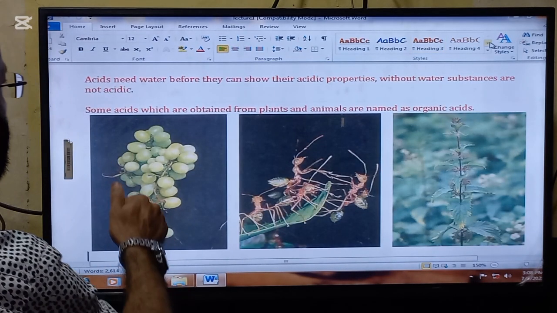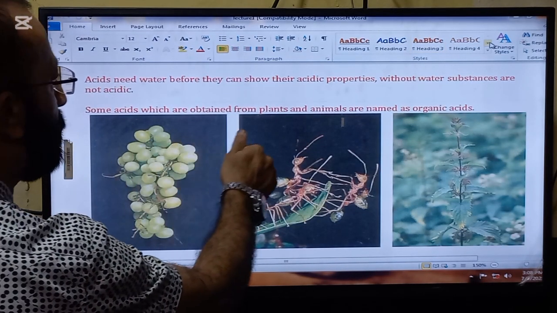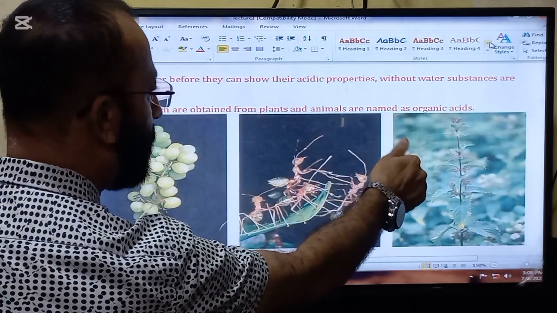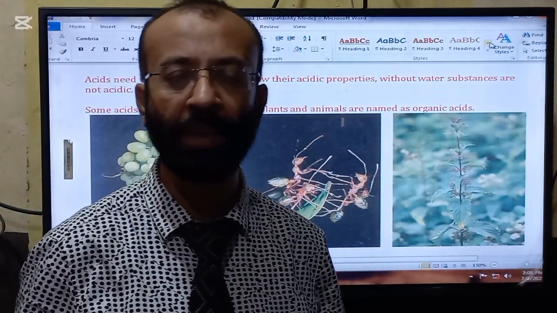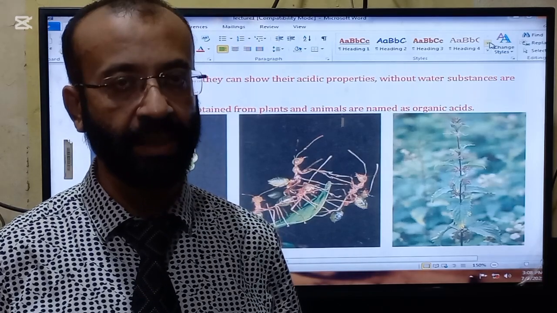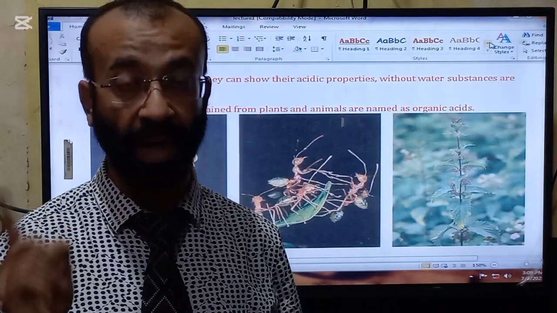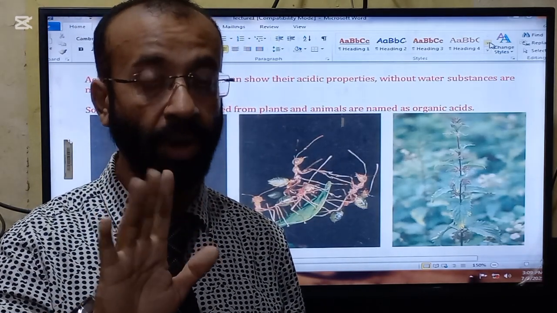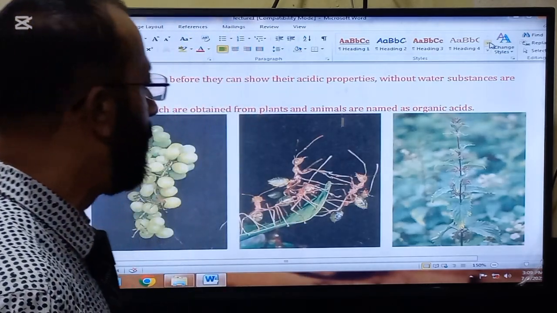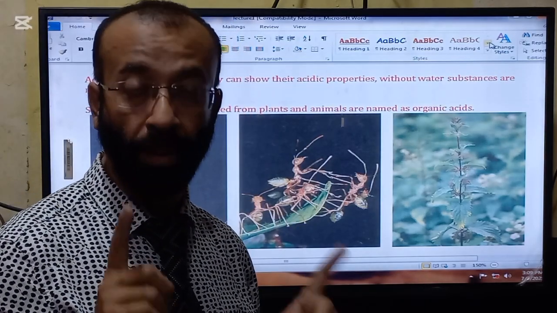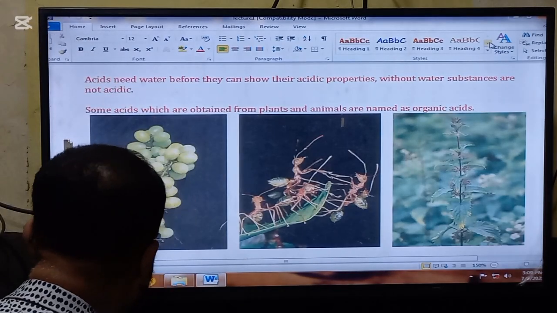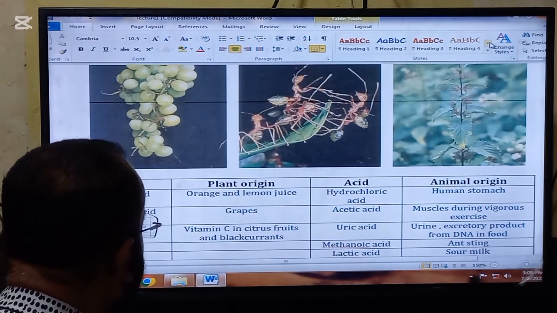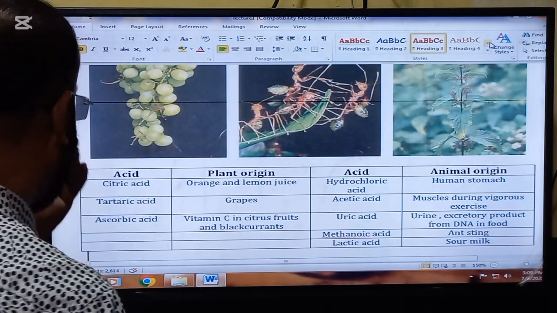Some acids which are obtained from plants and animals are named organic acids. This is another very important point. The acids which we obtain from plants or animals are called organic acids, and organic acids are normally weak acids. Here are some examples.